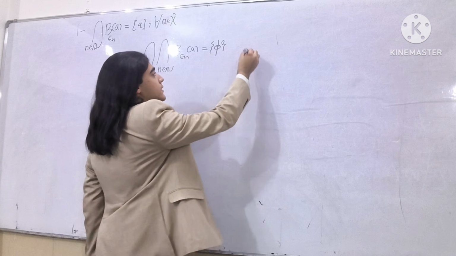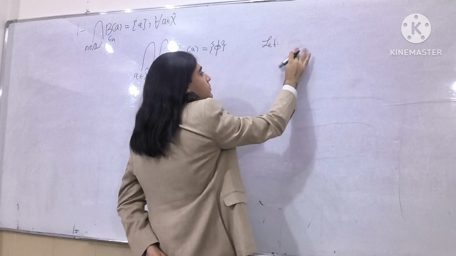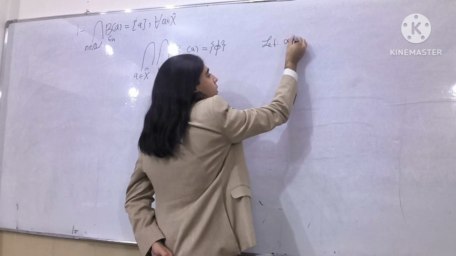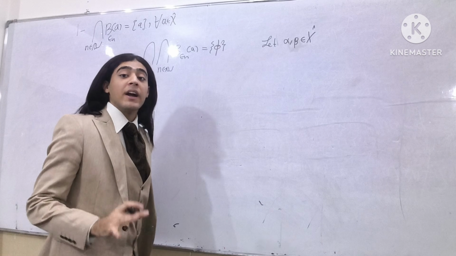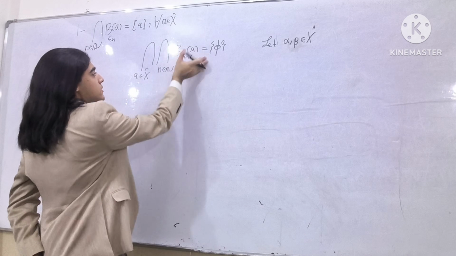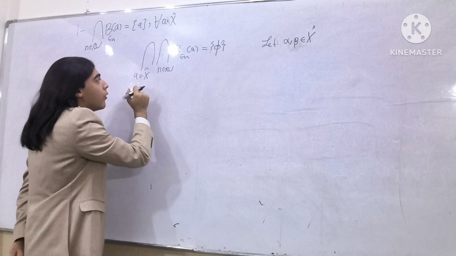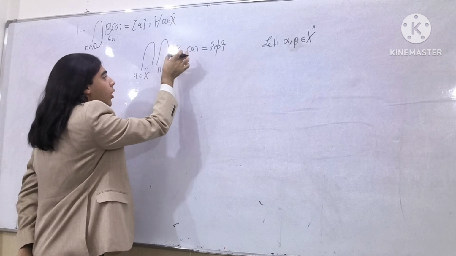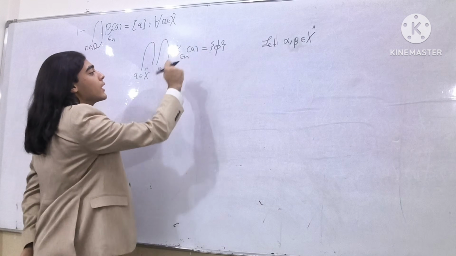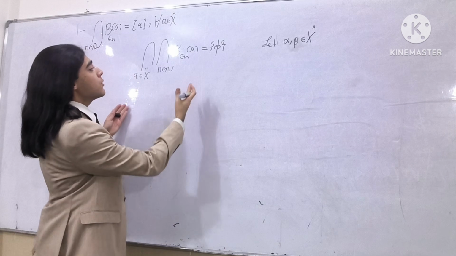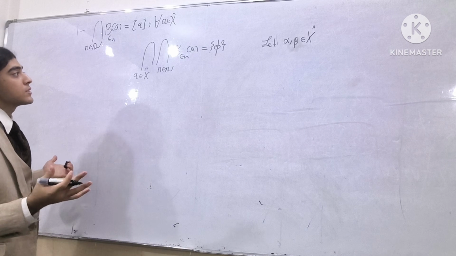Let alpha and beta be elements of X. We need to prove by contradiction that the intersection over all elements in X of the intersections of open balls around every point of the pseudo-metric space is equal to the empty set. This formula is useful to us for a very interesting reason.